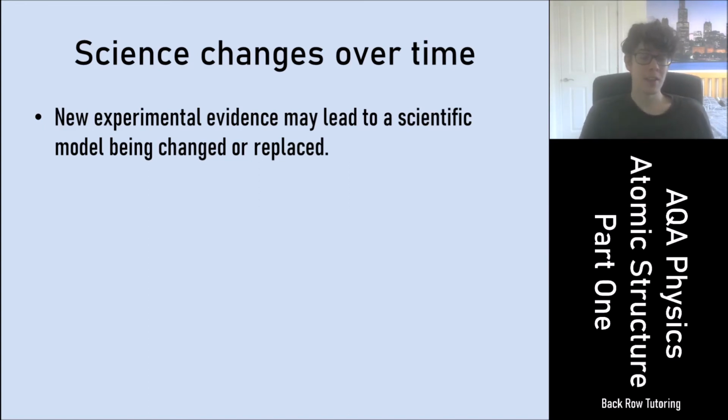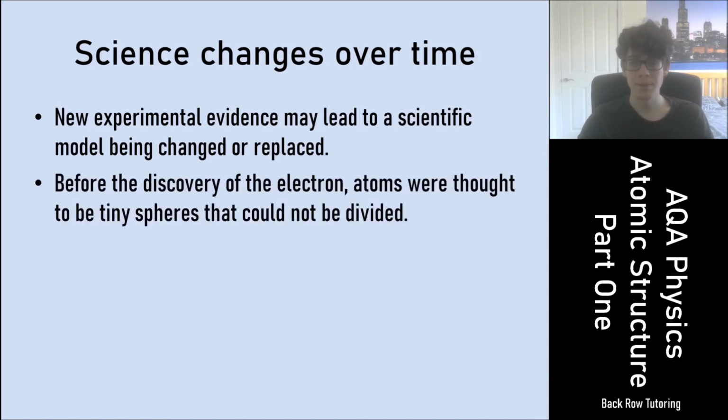Those experiments are then repeated by other scientists, who review the outcome, and if the reviews are overwhelmingly successful, then scientists may change their knowledge to suit the new discovery. It will become accepted. New experimental evidence may lead to a scientific model being changed or replaced.